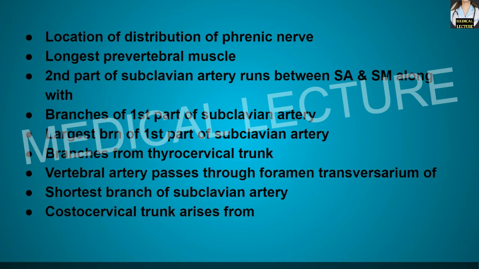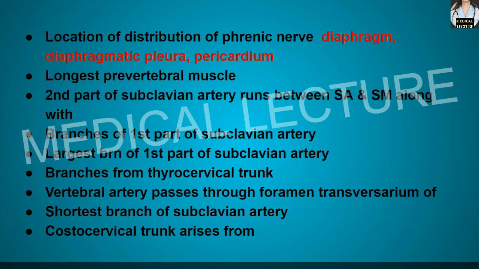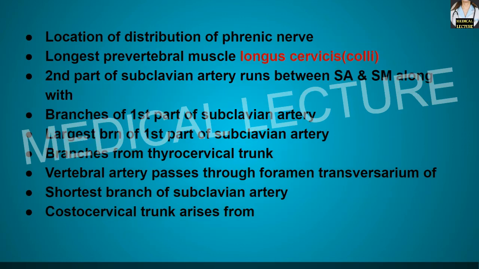Now what is the location of the distribution of the phrenic nerve? The diaphragm, diaphragmatic pleura, and the pericardium. Now the longest prevertebral muscle is the longus cervicis, or we can say longus colli muscle.